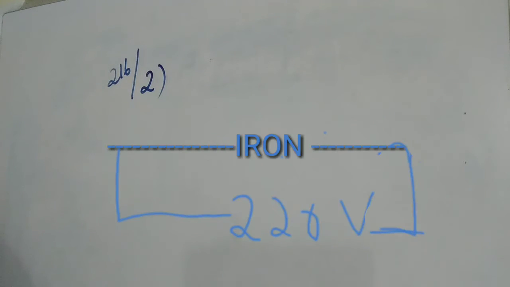All these 3 appliances are connected in parallel to a 220 volt source. Clear? What is the resistance of an electric iron connected to the same source that takes as much current as all these 3 appliances, and what is the current through it?